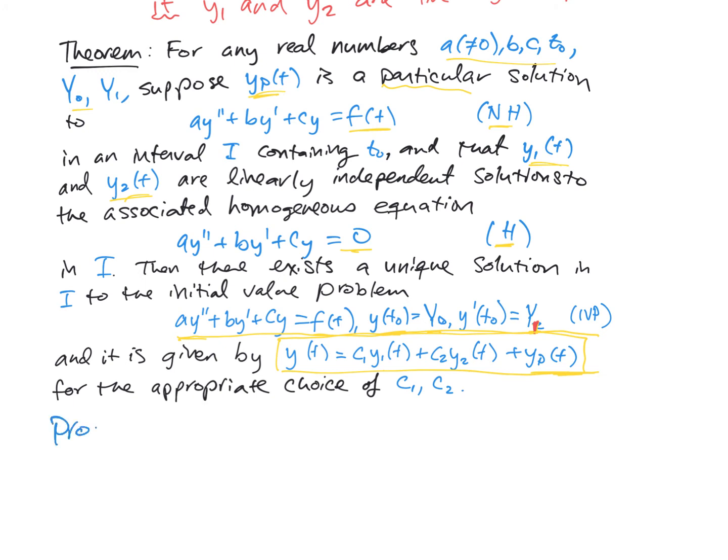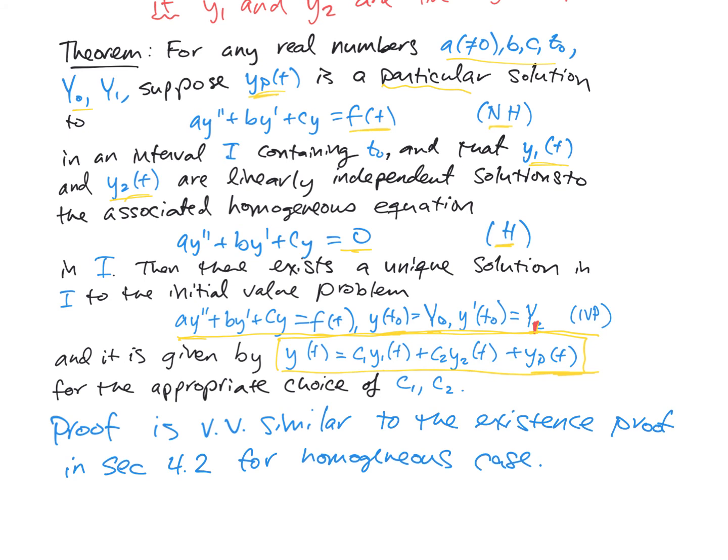I will say that the proof is very, very similar to the existence proof that we saw in section 4.2 for the homogeneous case. It's easy enough to see that, in fact, we just discussed this, that this is a solution to NH.